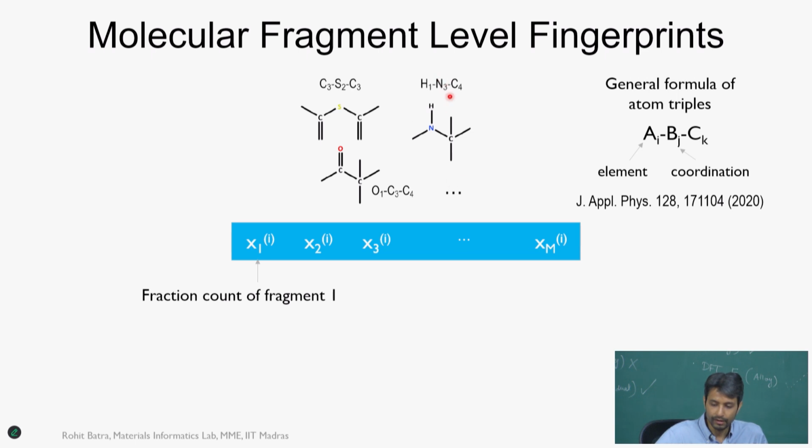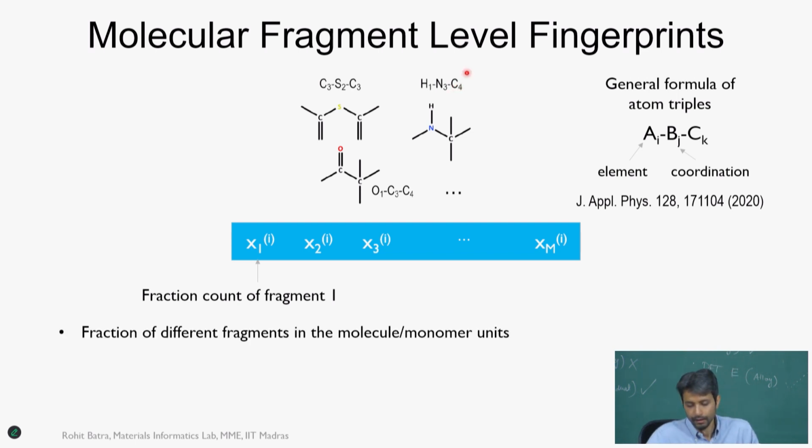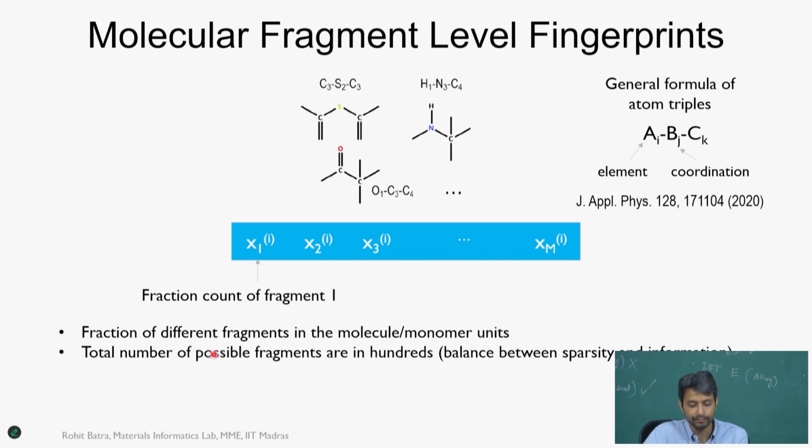For example, if the nitrogen was double bonded, then it would have been H1N2C4. But if nitrogen is double bonded, then it should be H1N2 and C3, because then carbon will also get double bonded. And then the fingerprint is simply whether a fragment is present or not. This is a simple way of fragmenting them.